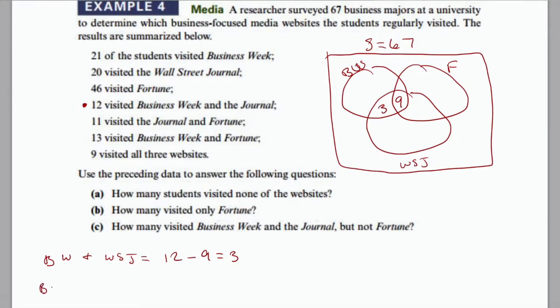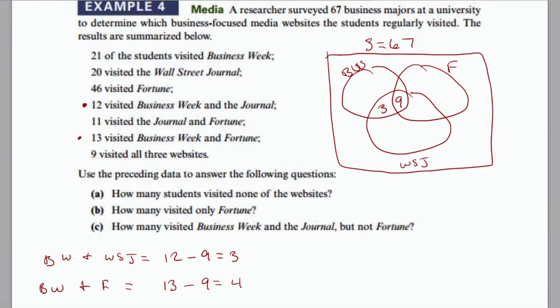Now, again, I'm going to do Business Week, and this time I'll use Fortune. Again, we have 9. We have 13 visited Business Week and Fortune, so I'm going to do 13 minus 9. That's going to give me 4.